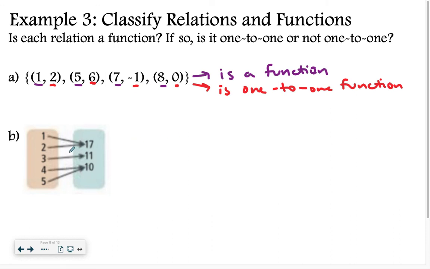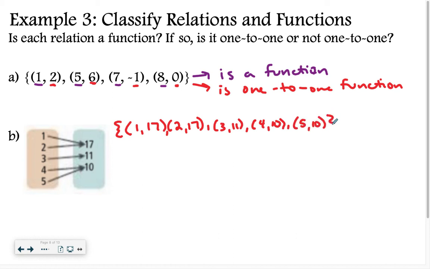All right, now let's look at letter B. This is called a mapping, and if you were wondering what on earth this means, let me show you what this would look like as ordered pairs. I would have 1, 17; 2, 17; 3, 11; 4, 10; and 5, 10.